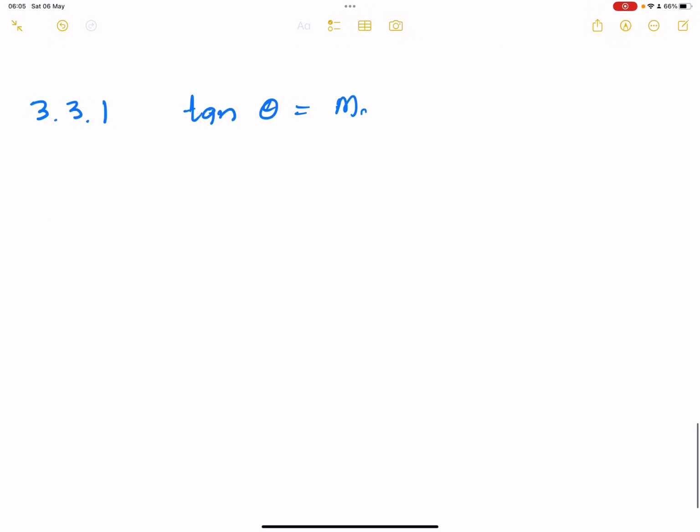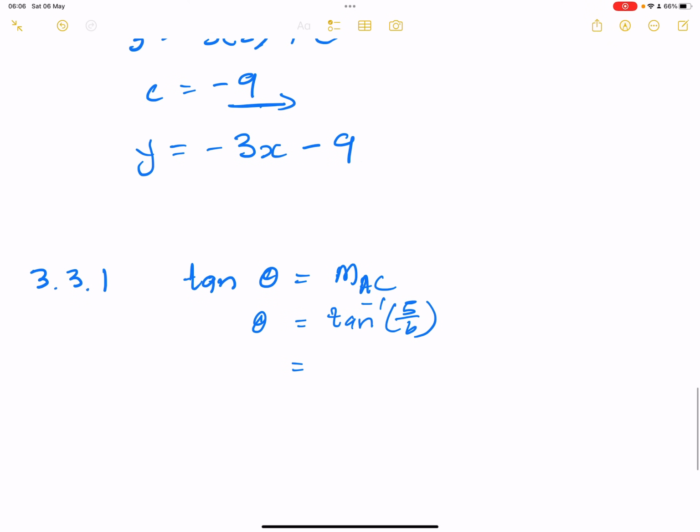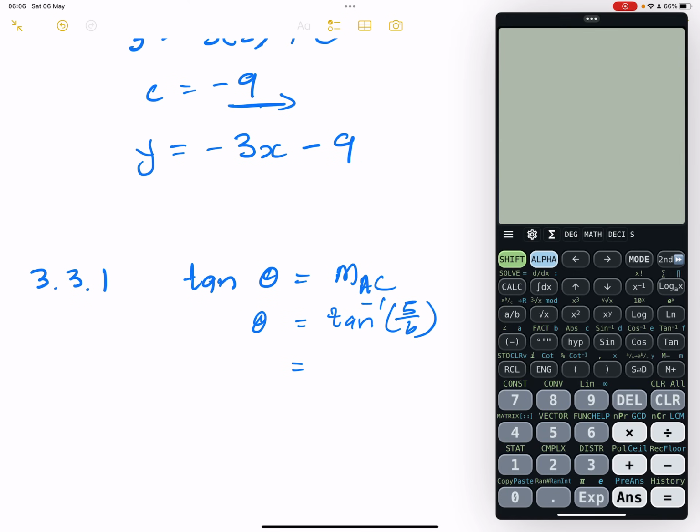So theta is the arctan of 5/6. Let's do that quickly. Shift tan of 5/6. I get 39.81.